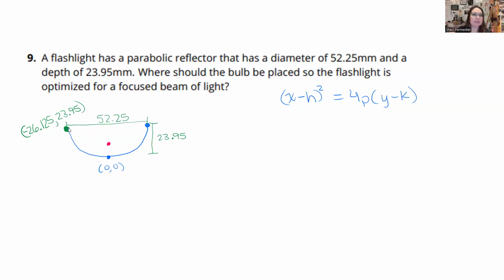I'm going to plug in all the pieces that I know. I know h and k. h is 0. k is 0. x is negative 26.125. y is 23.95. I'm plugging all of those things in to figure out what p is, because p is going to be this distance right here. Because if I called this 0, 0, to get to this point, I would be going a negative x direction.